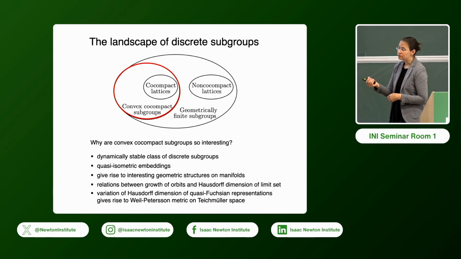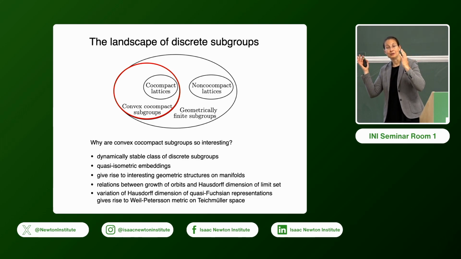The other important geometric property is that all convex co-compact subgroups are quasi-isometric embeddings, and actually this characterizes convex co-compact subgroups in rank 1. So if you don't like geometry, if you like more distortion in groups, you could think of these groups as just a quasi-isometric embedding of your finitely generated group into the isometry group of hyperbolic n space, where the induced length on the orbit is comparable with the word length in your finitely generated group.